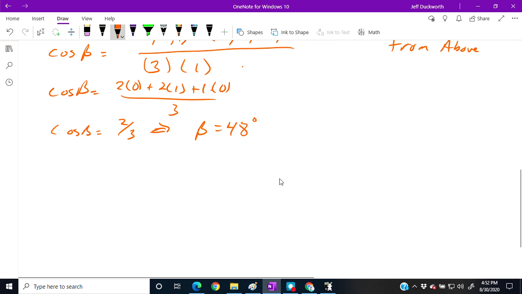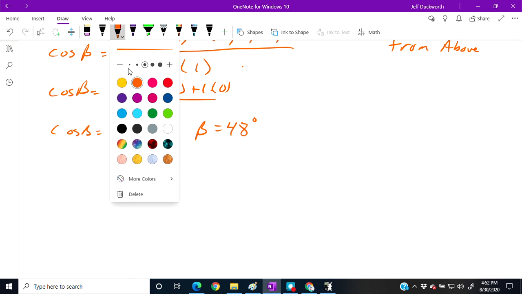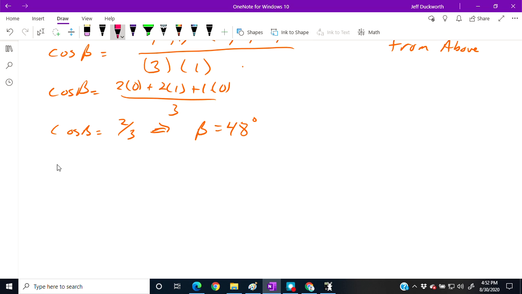And finally, we want gamma. So we'll let gamma equal u and k. So cosine of gamma is going to be 1 in our numerator, and this is going to be 3.